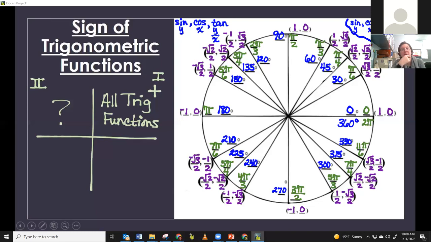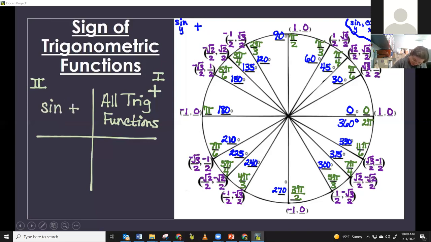Which of those three are going to be positive in the second quadrant? Sine is going to be positive. Absolutely correct, Priest. Sine is positive. So in my second quadrant, sine is positive.